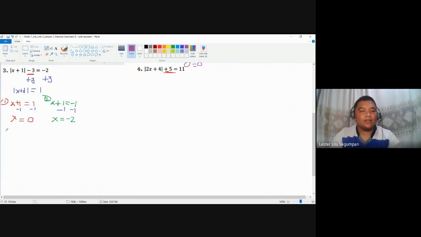Always do the checking. But mind you, when we are going to check, we are not going to use this one here. Why? Because there might be errors from moving from this expression to this one.